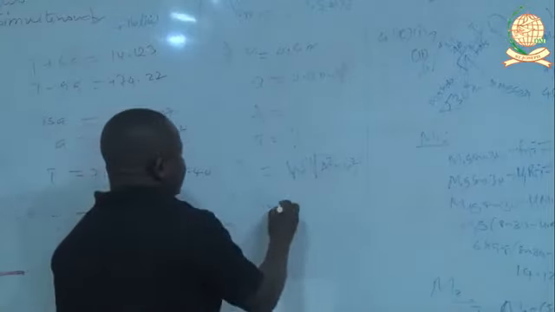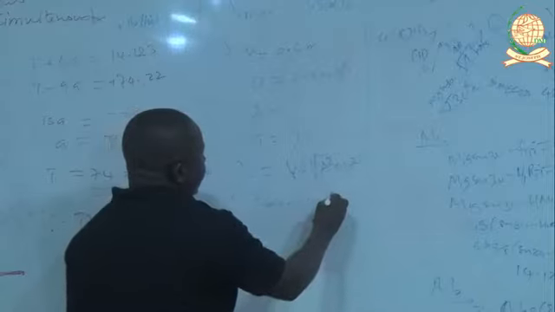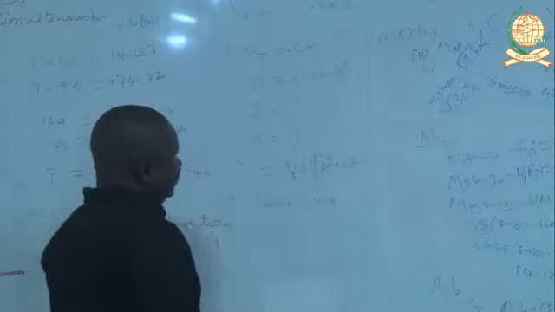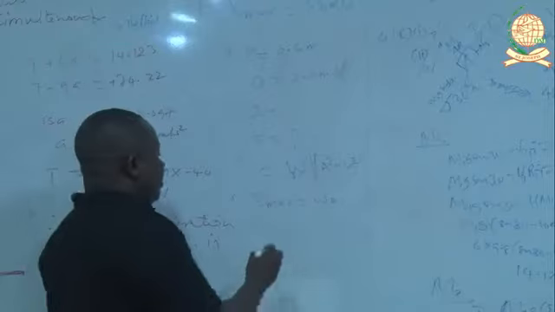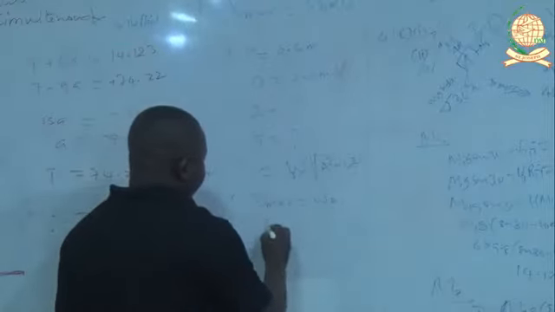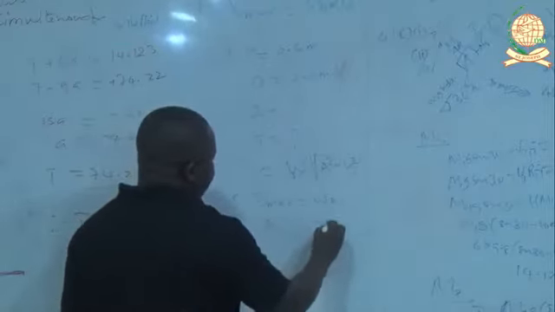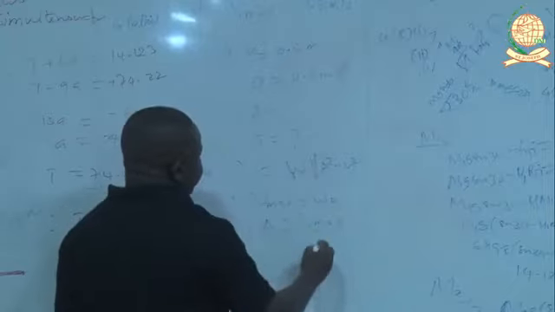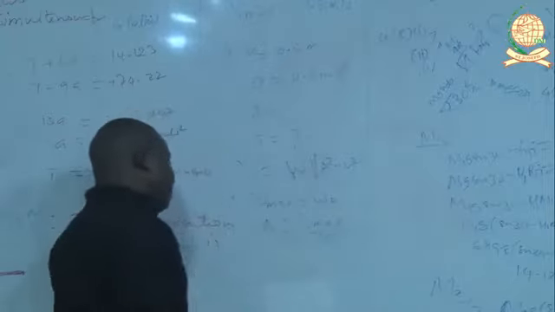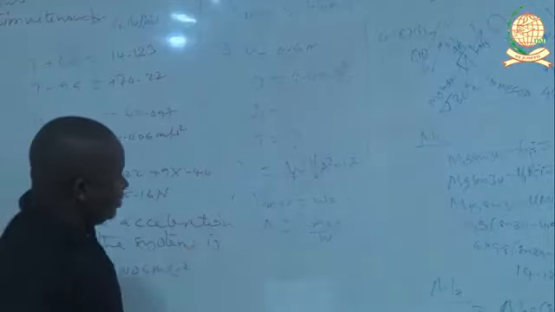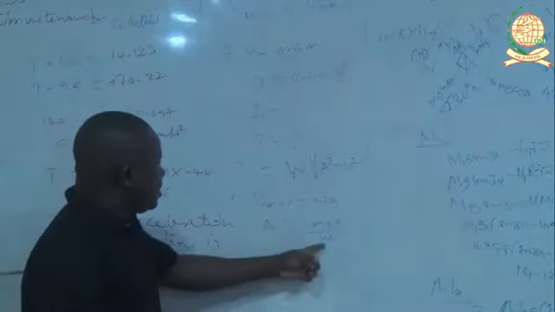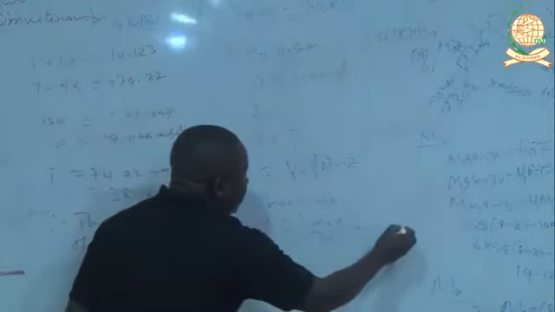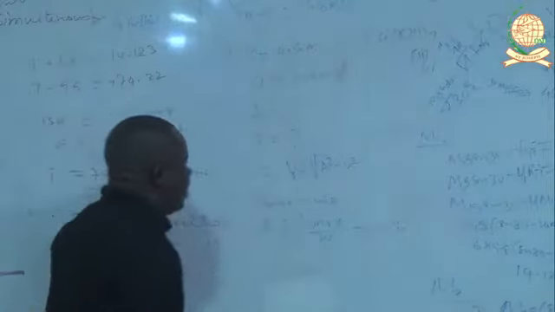So V max will be equal to omega A. So we're looking for A. A is V max divided by omega, omega being the angular velocity. But we don't have omega, we have V max, so we cannot find the answer yet. We write this as equation number 1.